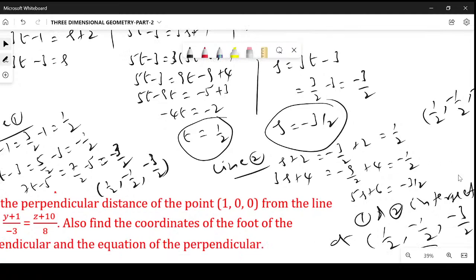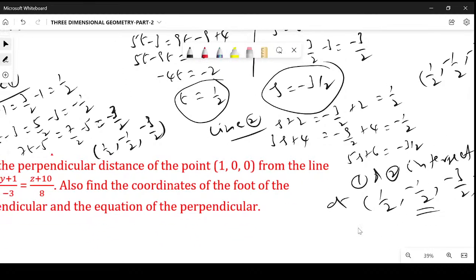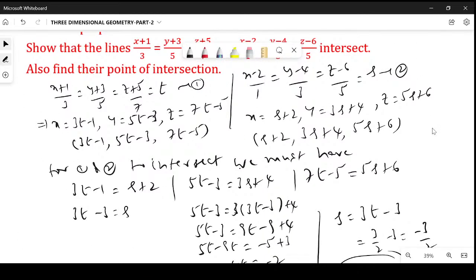This method is important. I have taken a common point. Finally, I proved those two common points are the same for the intersection. So the first line, you just observe here, I considered as t, a general point on the first line. Consider the second line as s, find a general point on the second line.